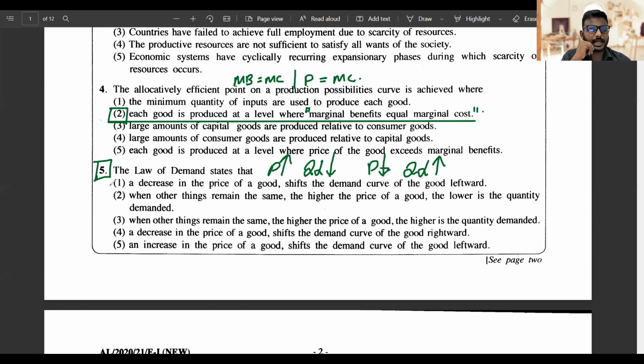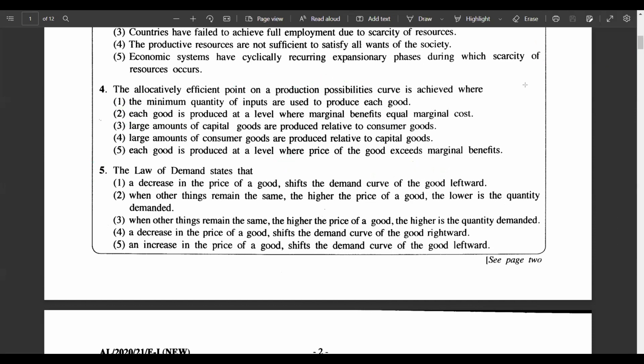So you look at the first answer: a decrease in the price of a good shifts the demand curve of the good left. Is that correct? It doesn't happen, right?